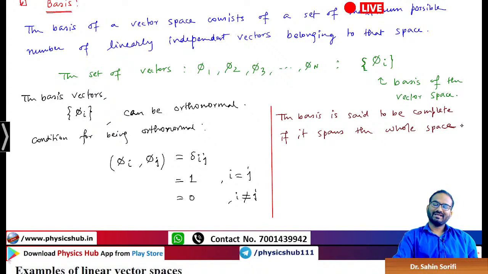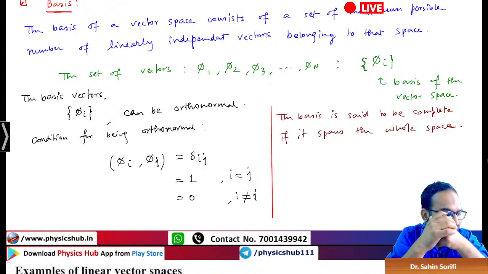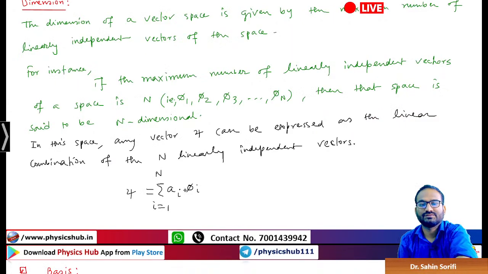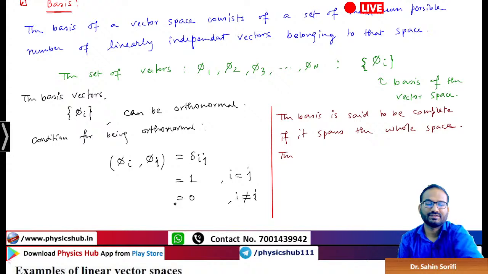So you do not need any additional vector to represent any vector in that space. Only the basis vectors are sufficient. And the expansion coefficients which we have seen here also, a i, a1, a2, a3, are called the expansion coefficients.